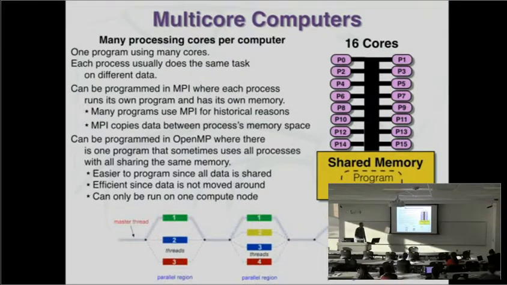Now, you can still do MPI and do that where each process would have its own area of memory. And in that case, instead of sending messages around over a network, you're just doing memory copies between the memory space for the different processes. So it's fairly efficient.